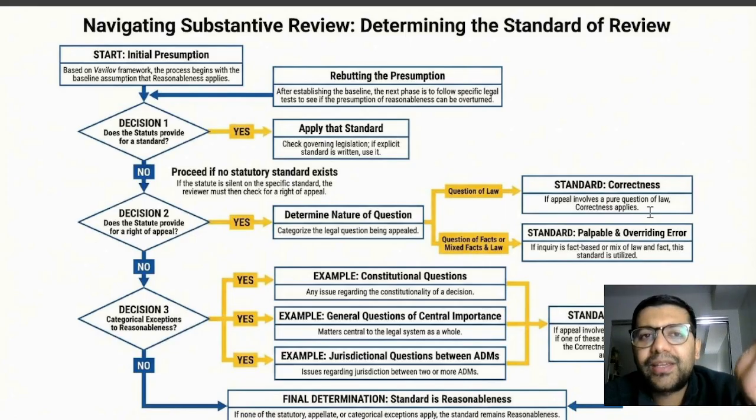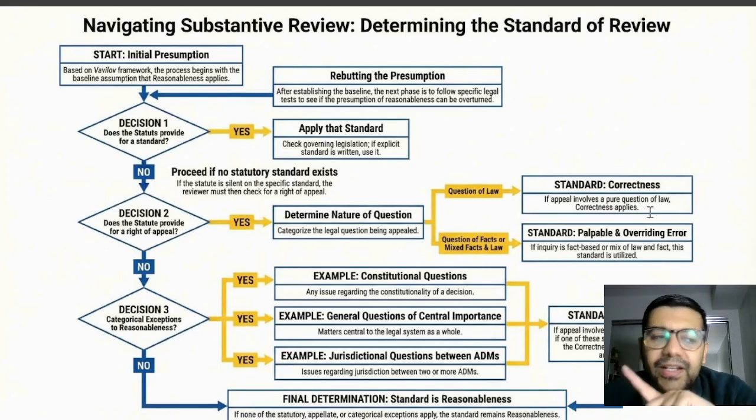The law has to be correct and not merely reasonable. Similarly, if the facts are not properly taken into consideration, or it's a mix of facts and law, if the inquiry is fact-based or mixed law and facts, then this standard is utilized.